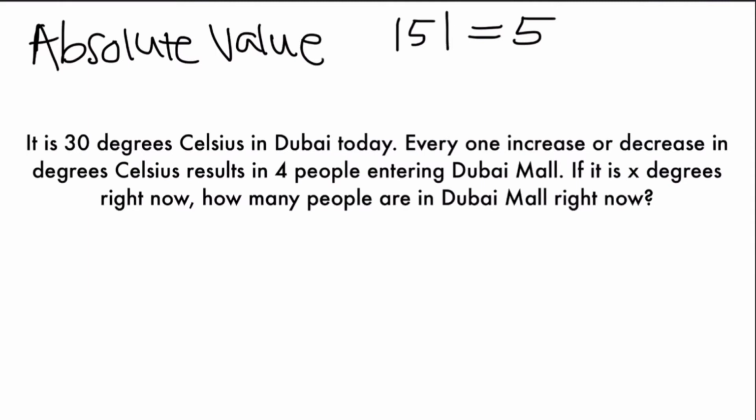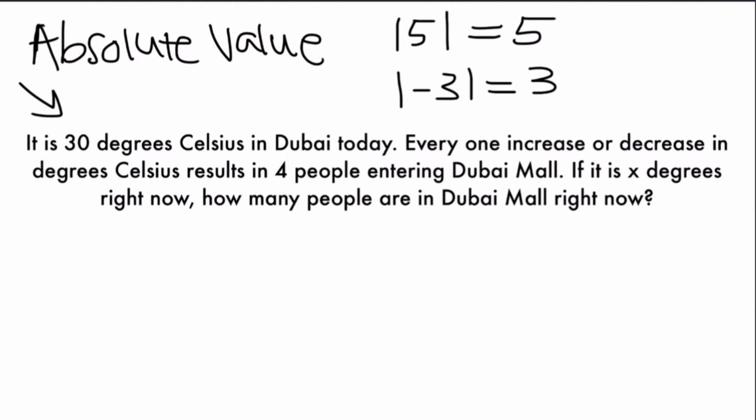We just want the positive value, and the absolute value of -3 is 3. We don't want positive or negative. So these are the absolute values, and they'll come in handy in questions like this.